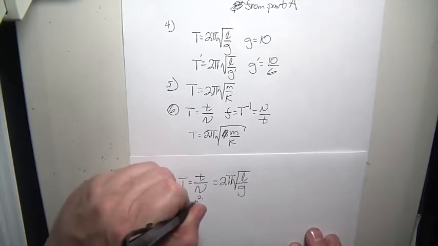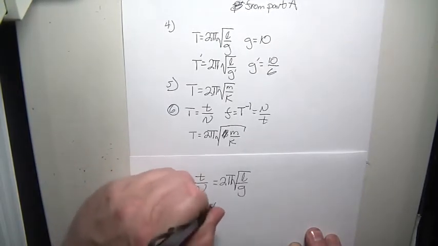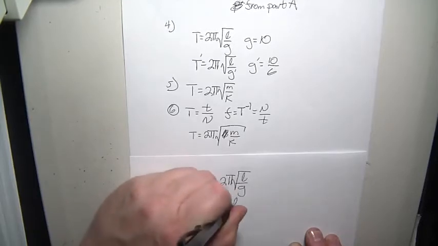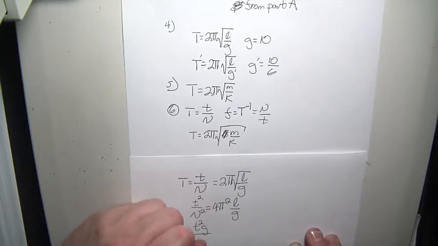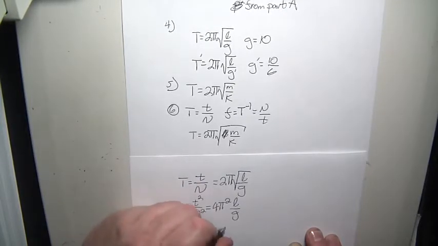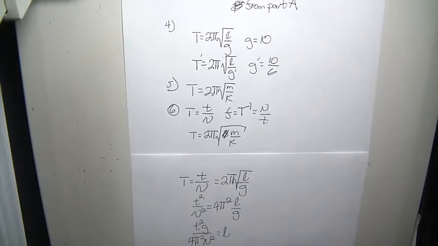So it becomes T squared over N squared equals 4 pi squared L over G. So this is T squared G over 4 pi squared N squared is equal to L. That's the length of the pendulum.